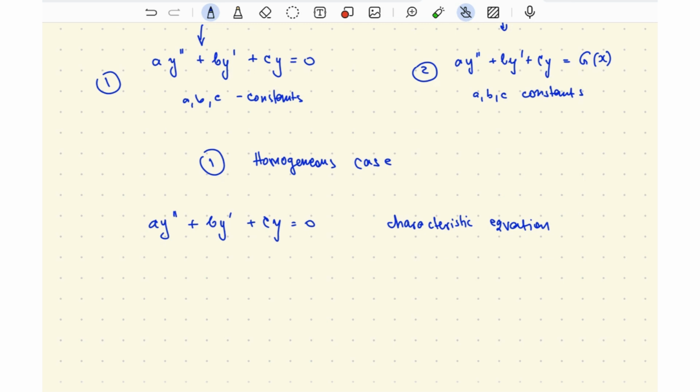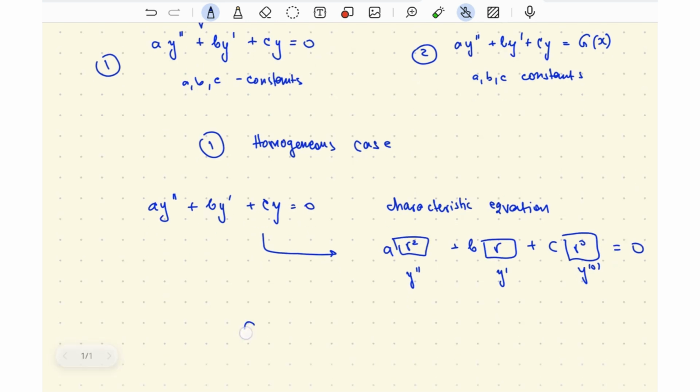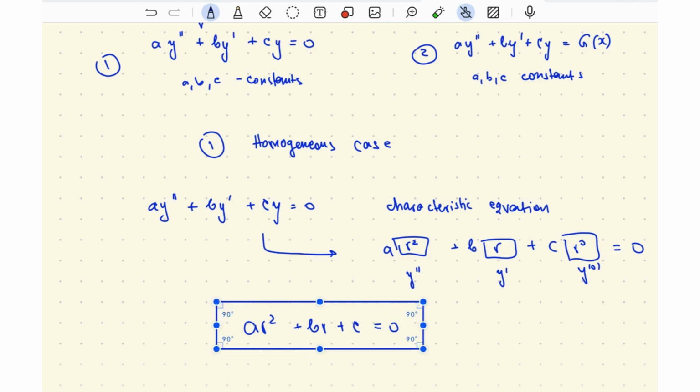The motivation for this we are going to see later, but basically the characteristic equation is obtained from a y'' plus b y' plus c y equals 0. Since here is y second derivative, we put r squared, then for y prime we put r, and here y is r to the power 0, so that we end up with a r squared plus b r plus c equals 0. So this is the characteristic equation.